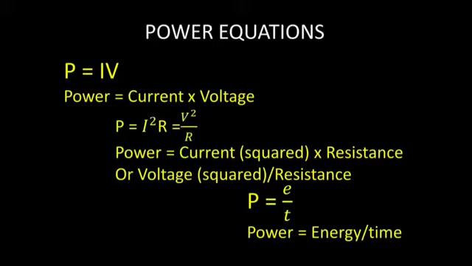So if we look at the top equation, that leads to P equals I times IR, or P equals I squared R. If we look at the third part of that equation, it goes to P equals V squared divided by R. And that's because I equals V over R. So if we take the top equation, it becomes P equals V over R times V, or V squared divided by R.